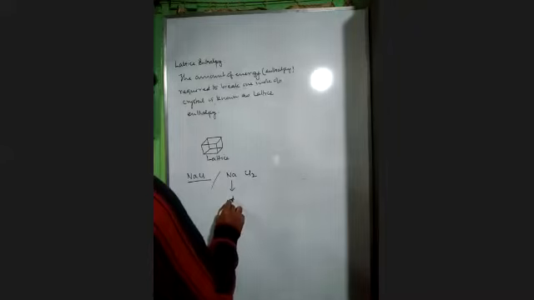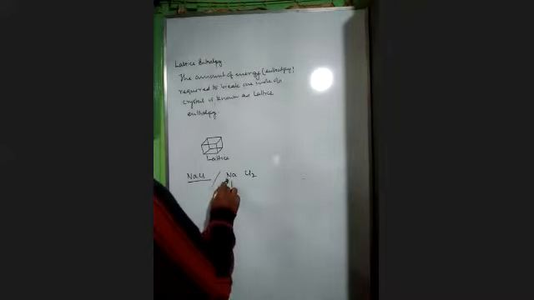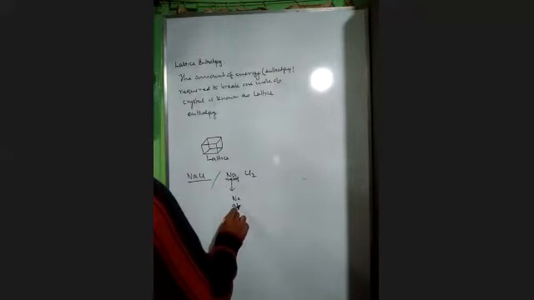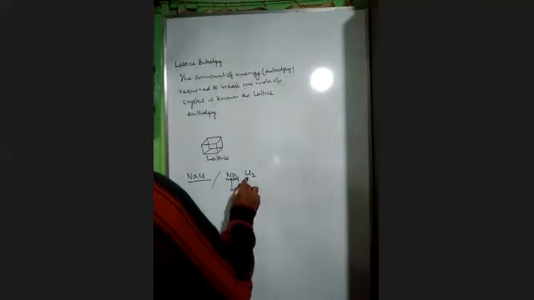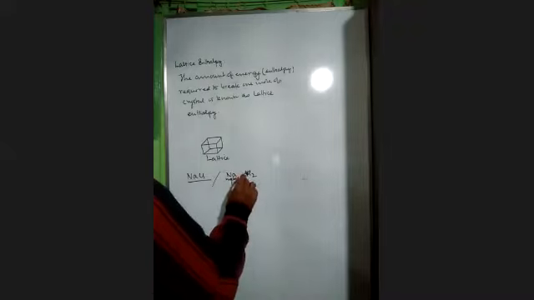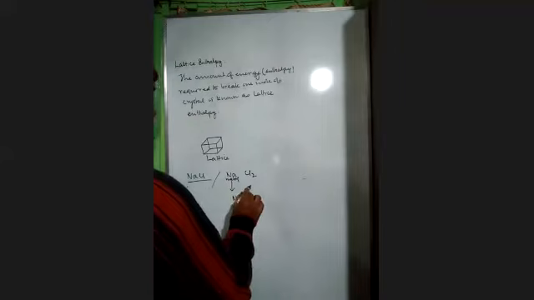So gradually, sodium metal got converted into sodium atom. Chlorine exists in molecular form, not like metal, as chlorine gas. Then gradually sodium has lost 1 electron and it has become sodium ion.